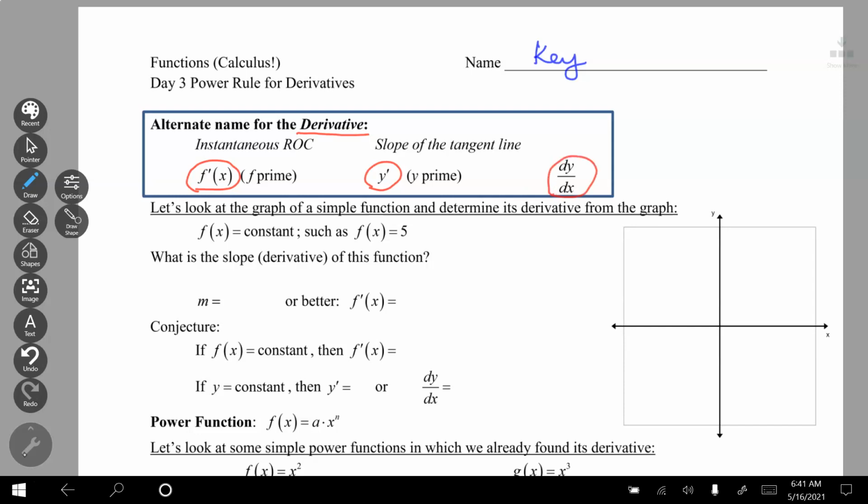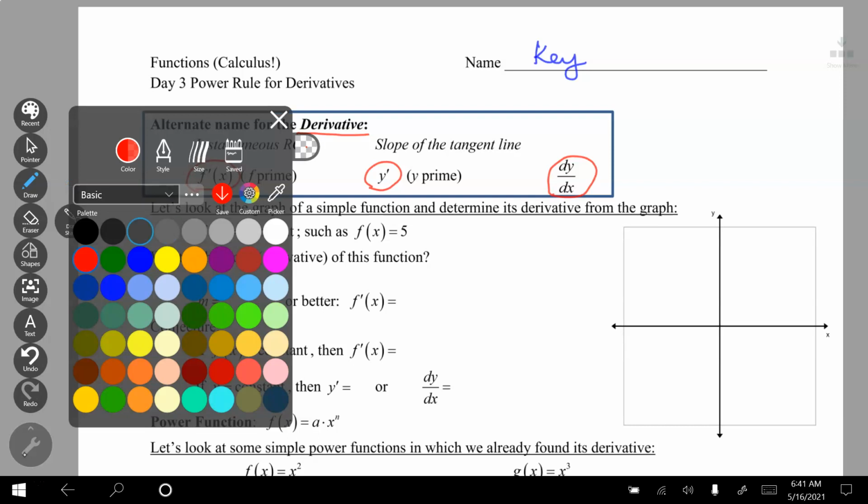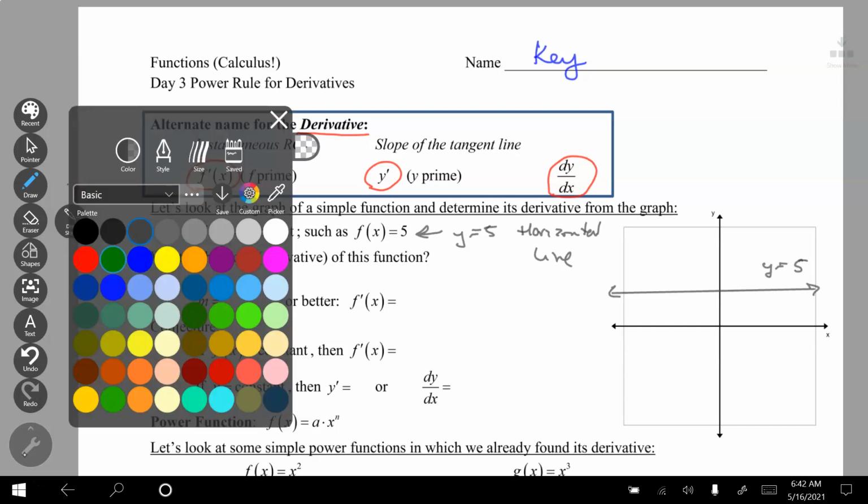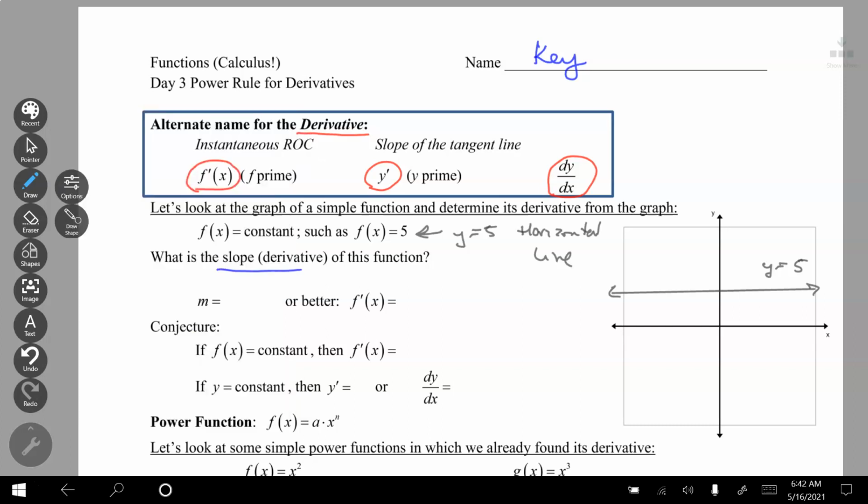So let's look at a basic function. f of x equals a constant, so it's just like f of x equals 5, or really y equals 5, which is a horizontal line. Right here is my nice y equals 5 horizontal line. When we do the derivative, we're talking about slope.